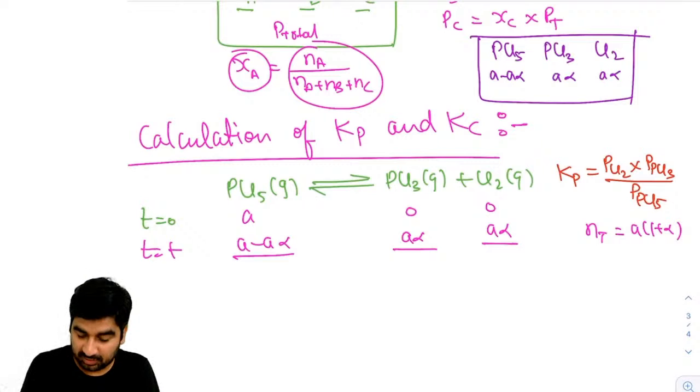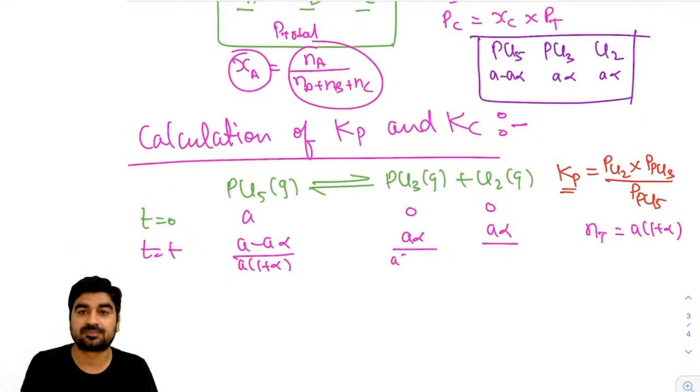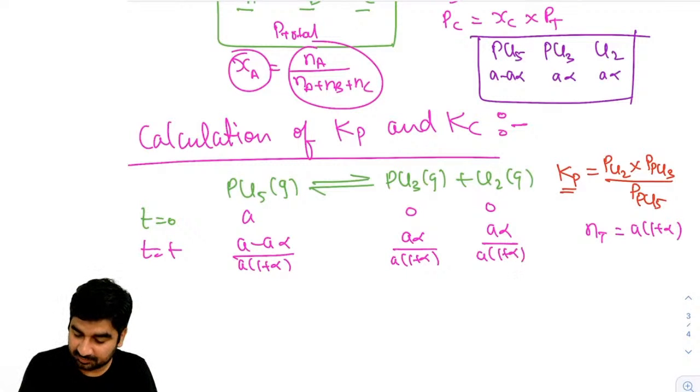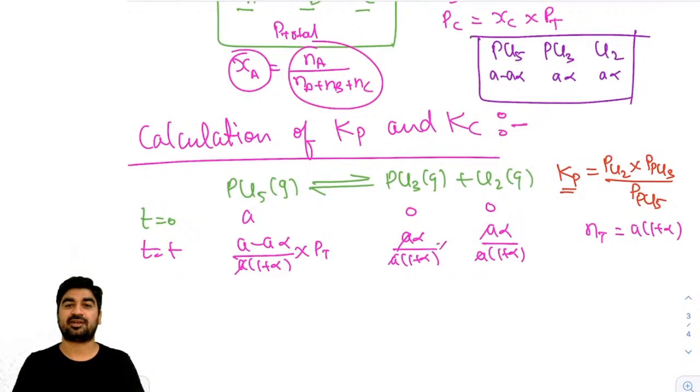So how will you calculate the partial pressure here? Just calculate the mole fraction. It will be A into 1 plus alpha in each denominator. Getting it? A will get cancelled out, and multiply by P total.